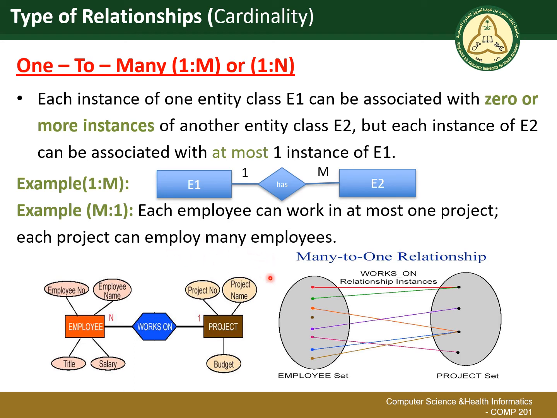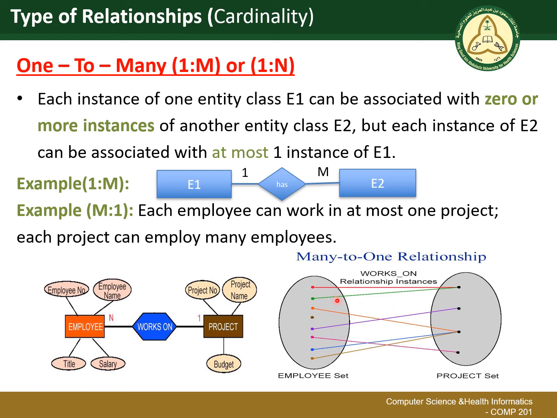So regarding this example, we can see here the diagram. Each employee works in at most one project. So they should be working on one project or less, and each project can employ many employees.